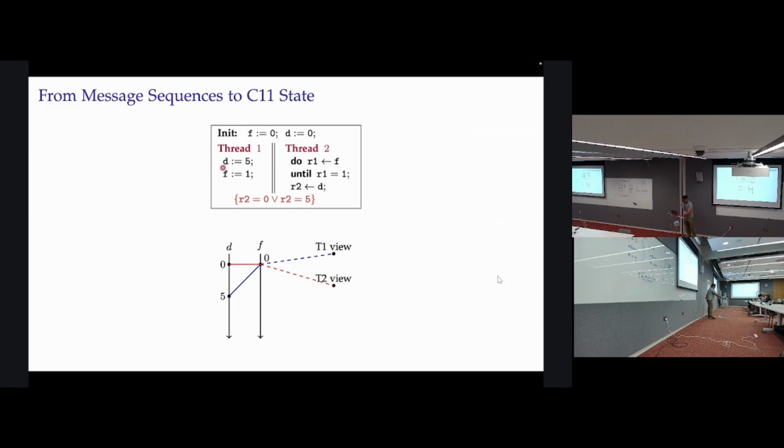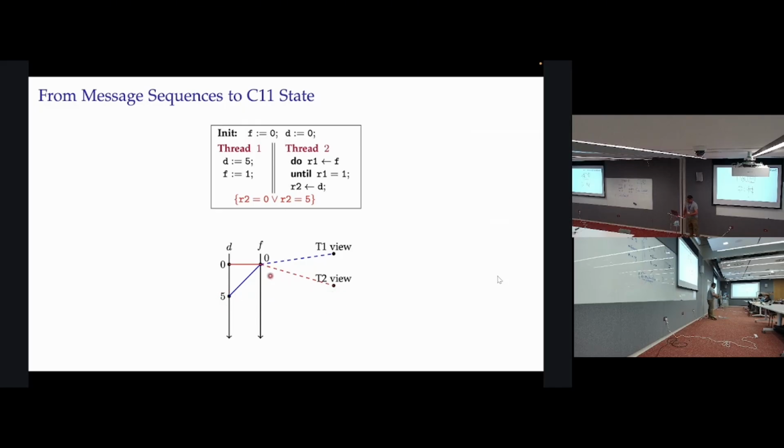Because thread 1 was the thread that took the step, obviously it's going to know about the new value for D. Values can get inserted in the middle, but that doesn't matter. There's some total order on the writes of D, and this 5 happens after, so thread 1 has seen that D is here. That's the value for D that it can see.